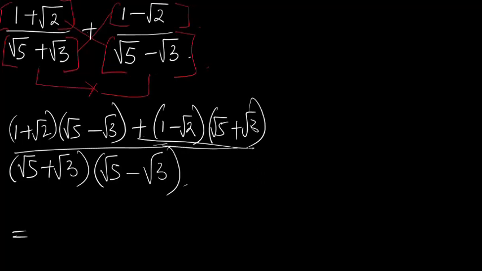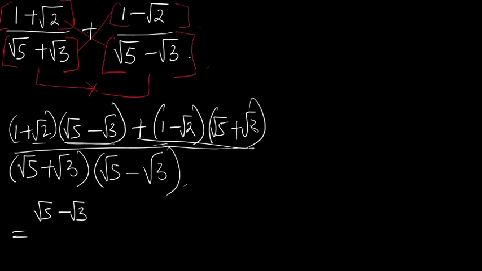So we now have to expand this expression, both at the numerator and the denominator. To expand this, you use this one and multiply the whole of this. So you have root 5 minus root 3. You use the 1 and root 2 to multiply the whole of this.